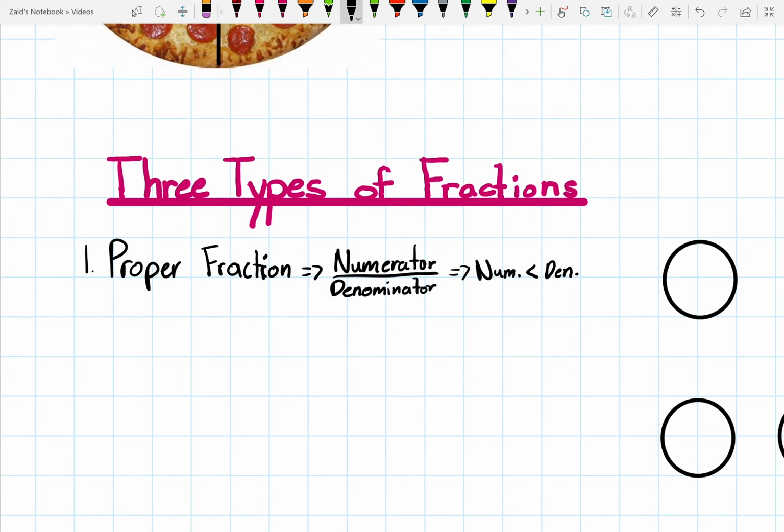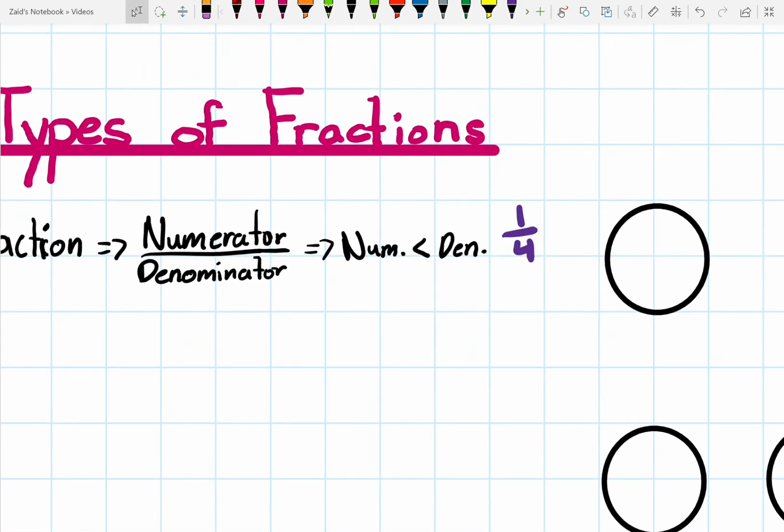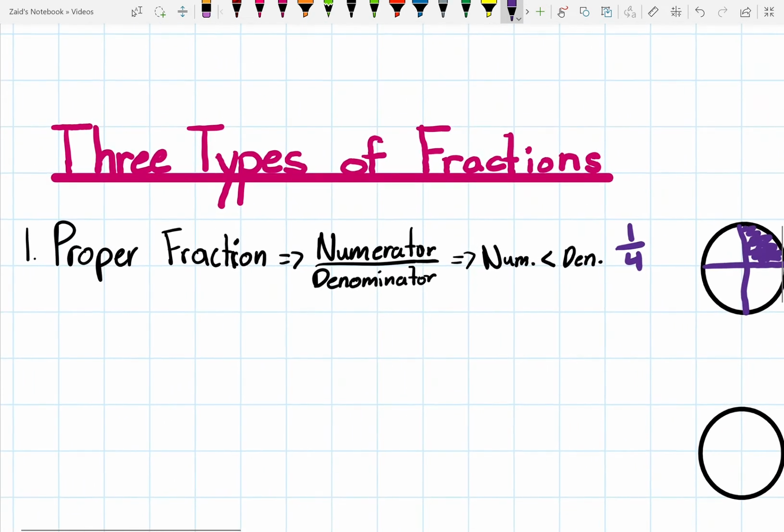So for instance, I could have 1 out of 4. I have a circle here. I'll put it into 4 parts, and I'll only shade in one of those parts. So that shows me a proper fraction.